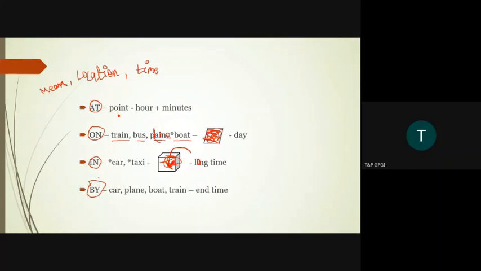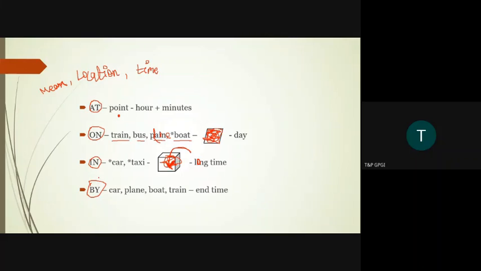If I say I need it done by tonight, that means that's it. I want you to submit your homework by this evening, by 5 p.m. today. So that means that's it. By that time, you have to do it. That's the end. It ends the time. It's the end time.